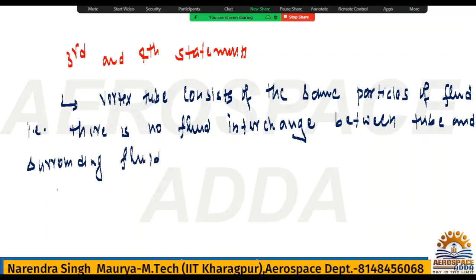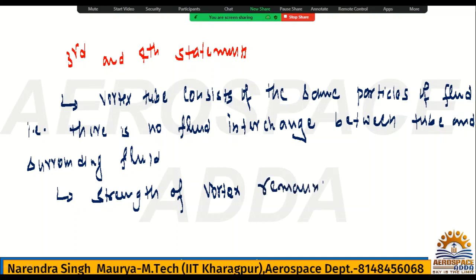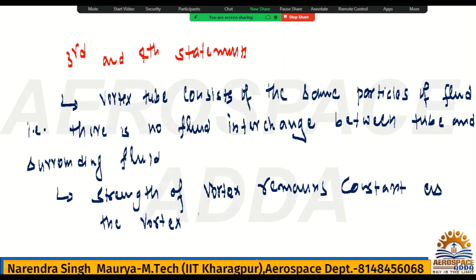This is the one statement. Another statement, the strength of vortex remains constant as the vortex moves through the fluid.